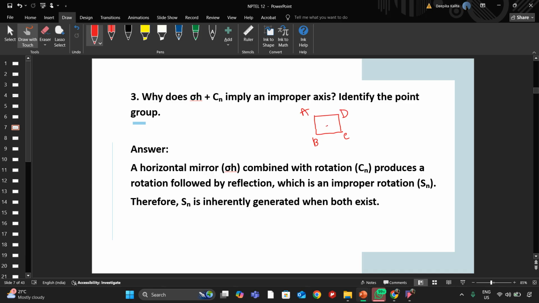Suppose we have performed a C4 operation on it.